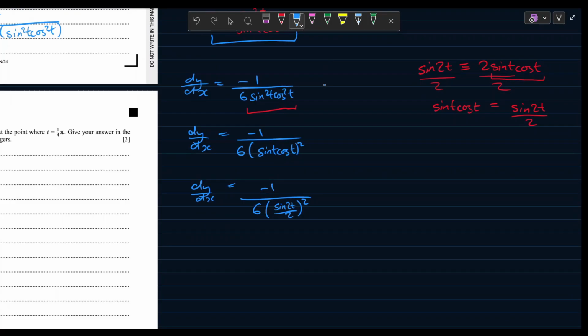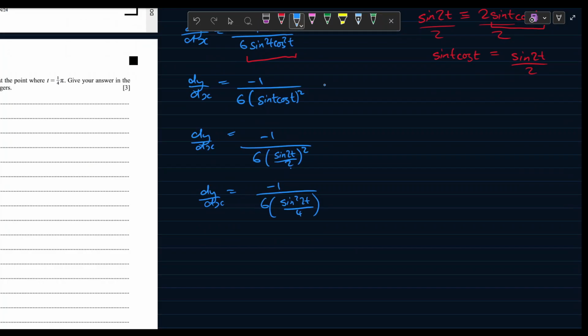So dy/dx is equal to negative 1 over 6 multiplied by square the numerator, that's sine squared 2t, square the denominator, that's 4.